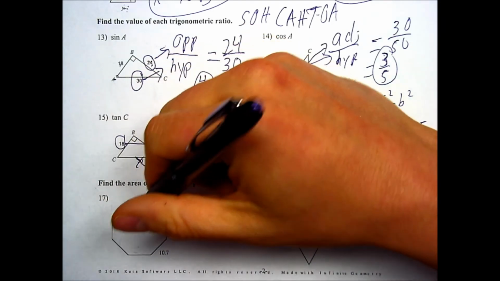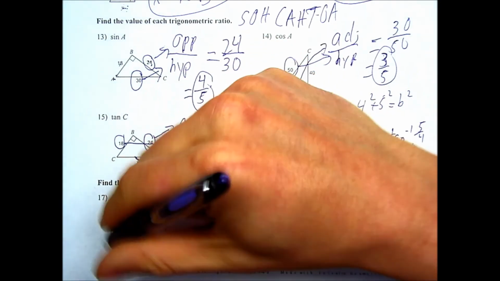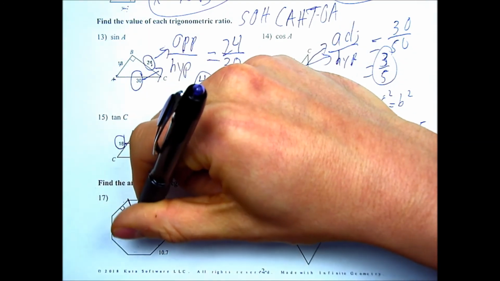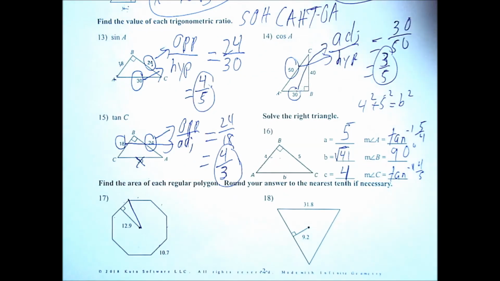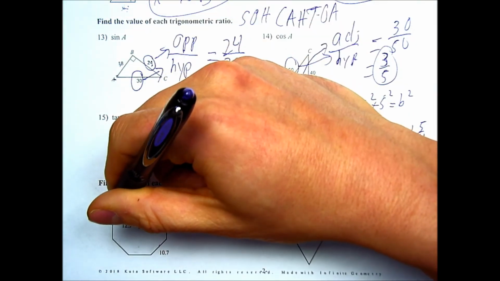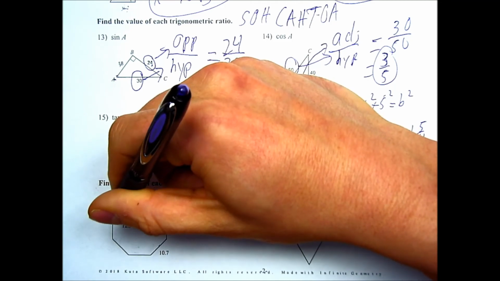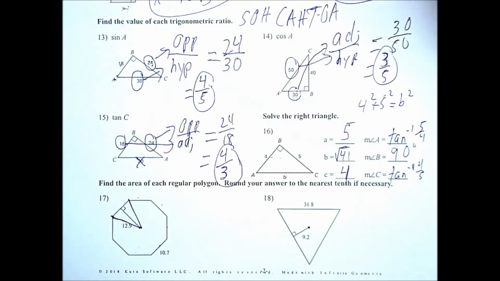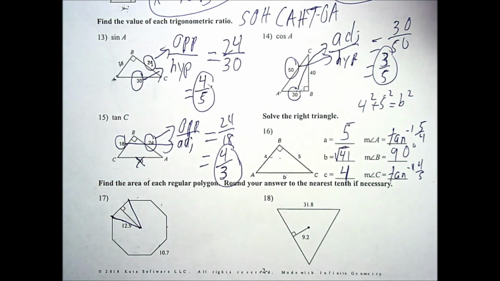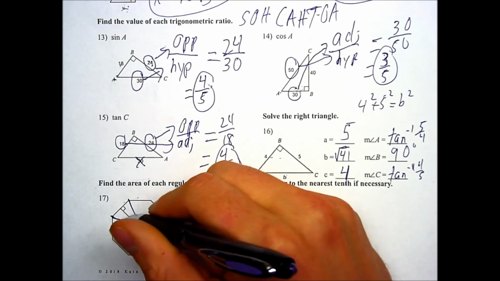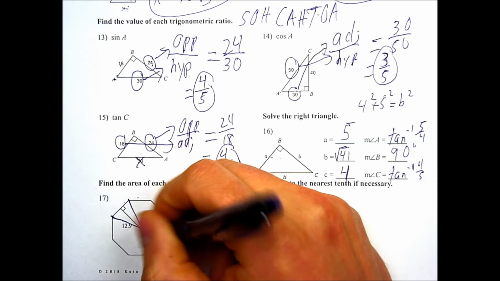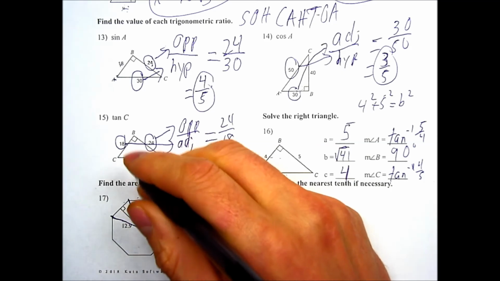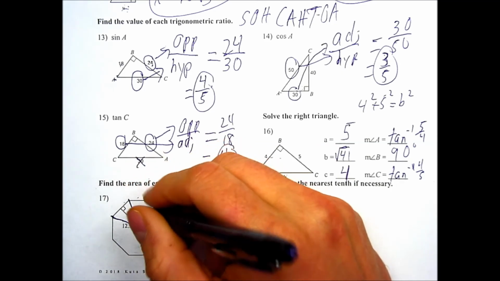So in other words, an octagon here, 1, 2, 3, 4, 5, 6, 7, 8, has 16 right triangles within it, or you could think of it as 8 isosceles triangles within it. I said equilateral, sorry. So the area of one triangle on this octagon, this triangle here in purple, is 10.7 times 12.9 divided by 2, and there's 8 of them.